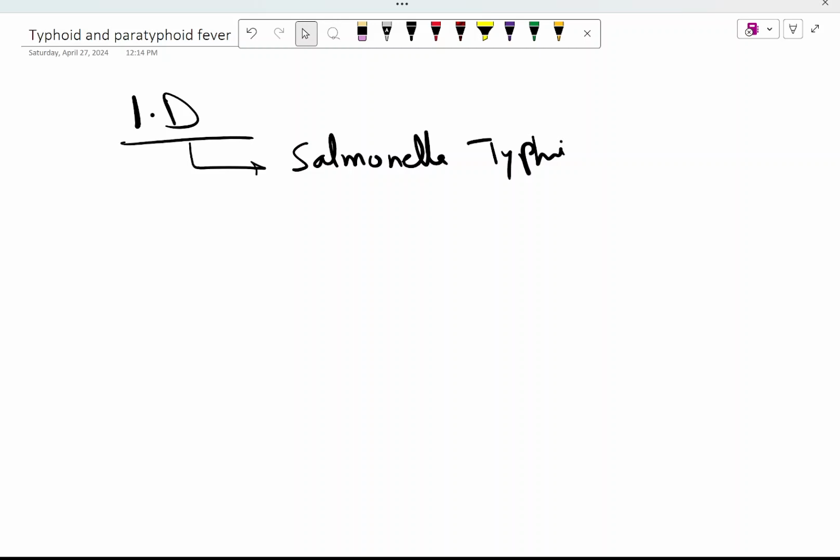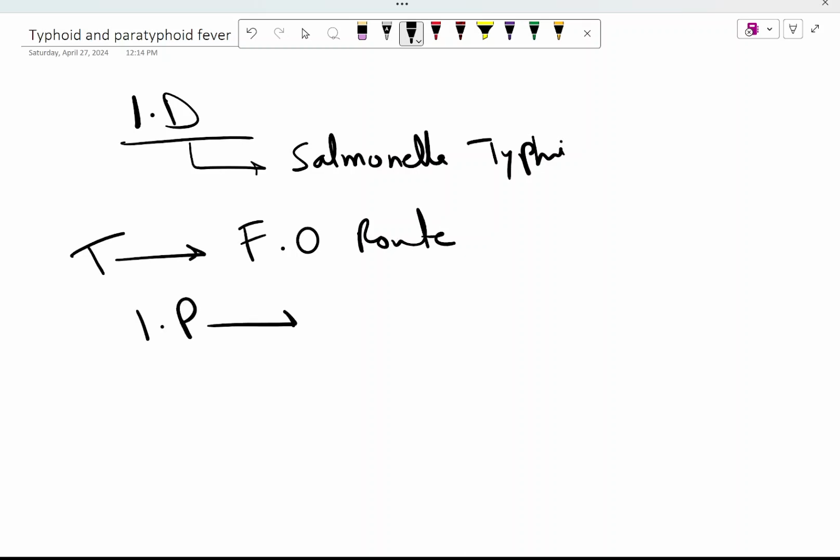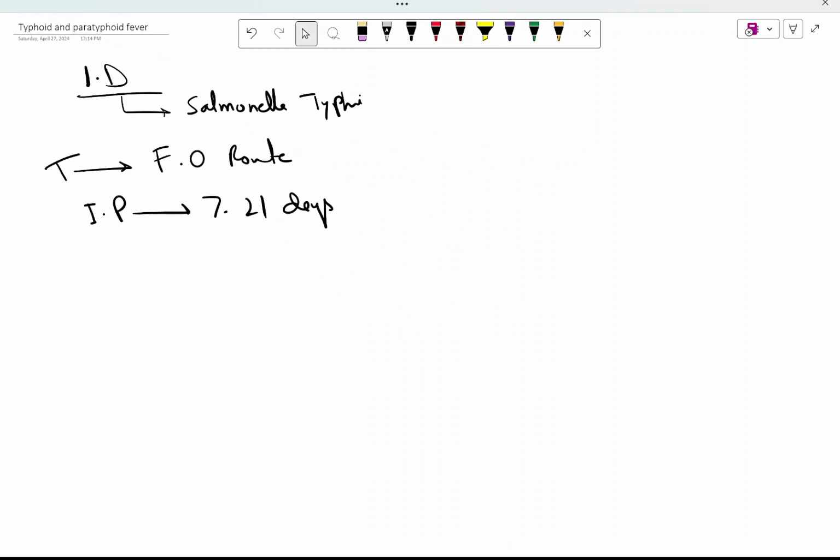So how is it transmitted? It is transmitted by the fecal-oral route. And what is the incubation period? The incubation period is 7 to 21 days. So what are the risk factors?